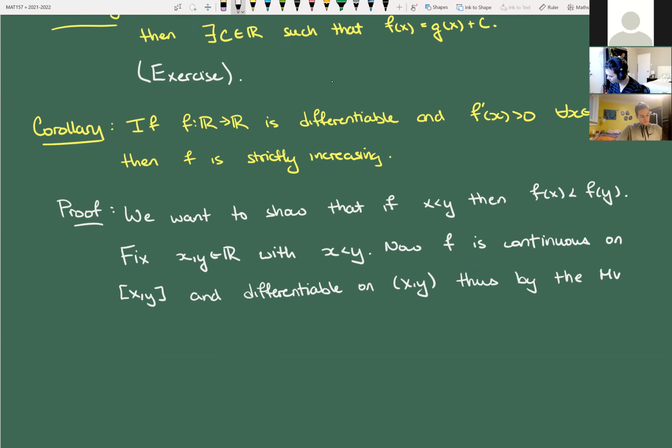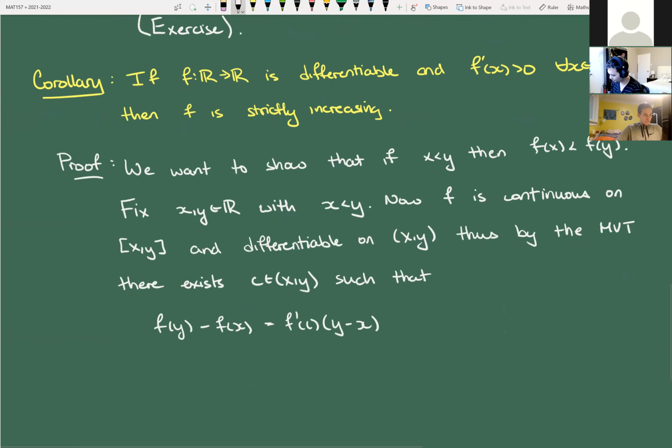Don't forget to always say what theorem you're using. There exists some c in (x, y) such that f of y minus f of x is equal to f prime of c times (y minus x), right?